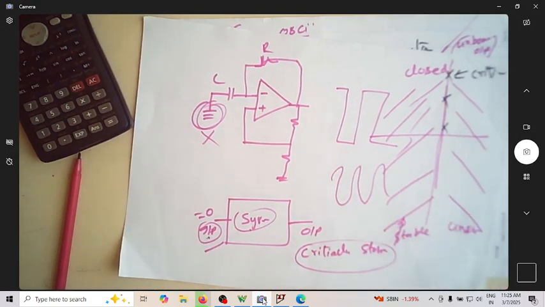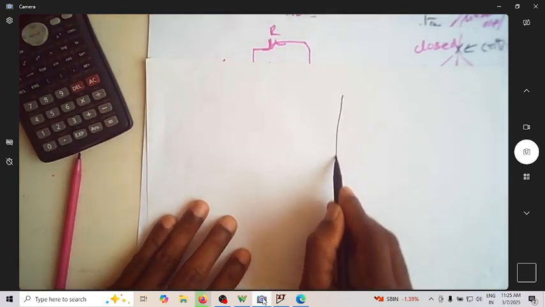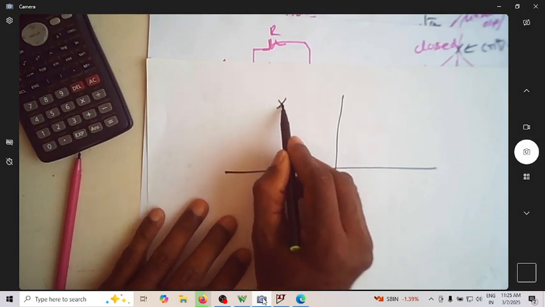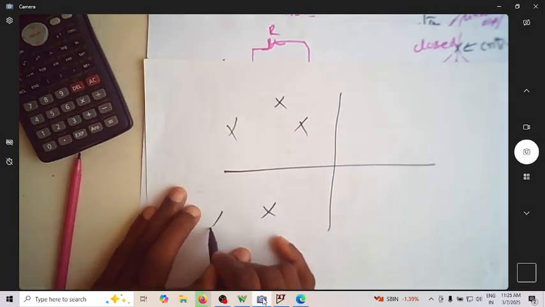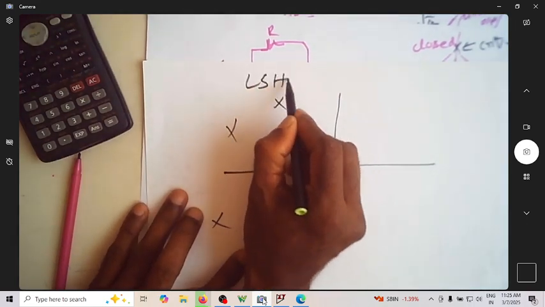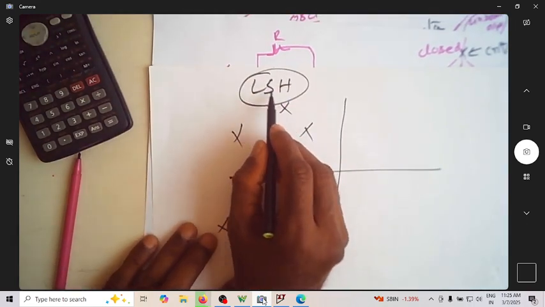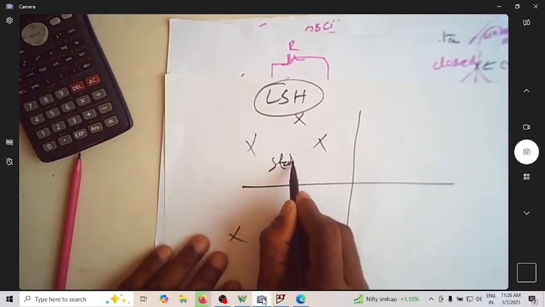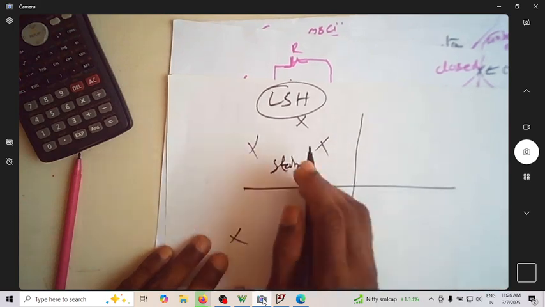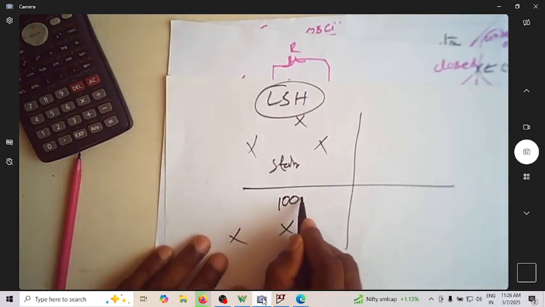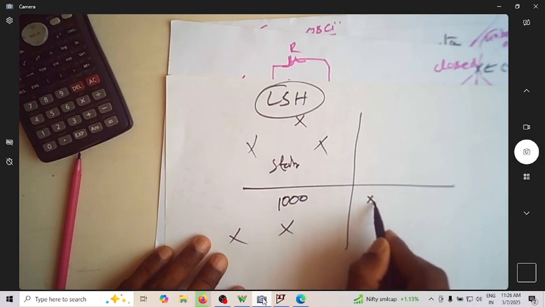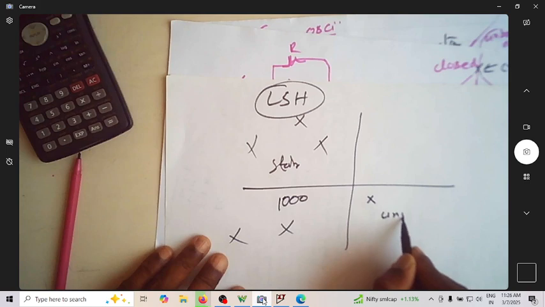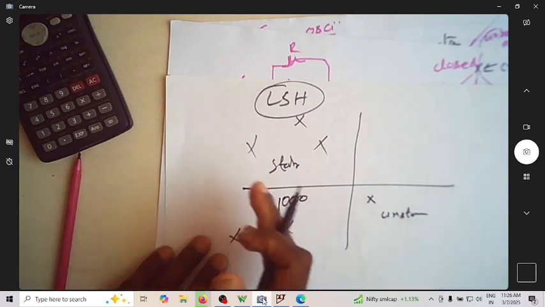In the S-plane, if you have poles anywhere on the left hand side, this is the left hand side, let the pole be anywhere, the system is stable. Even if you have 1000 poles over here, if one pole comes here, then the system will become unstable. We'll see why it is happening.